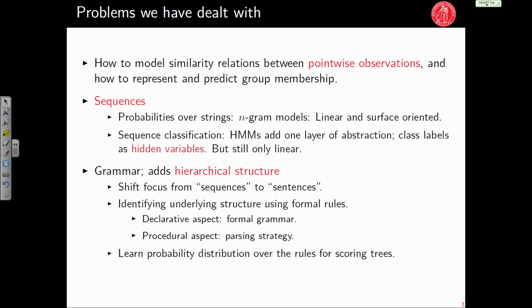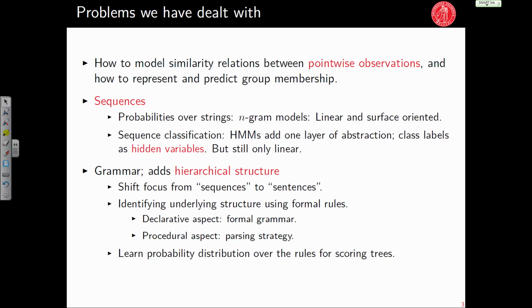And afterwards, we moved into a more sophisticated representation, which is the hierarchical structures, the syntactic analysis that was the topic of the last three lectures. There our focus was how to predict a syntactic structure for a sentence.